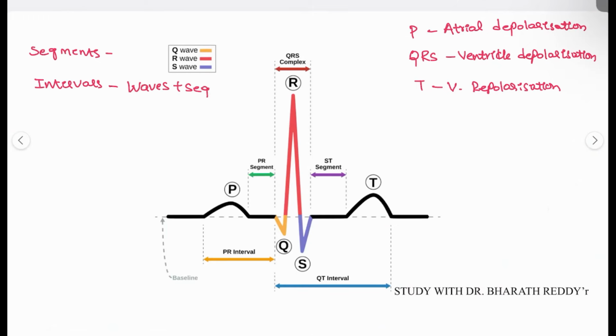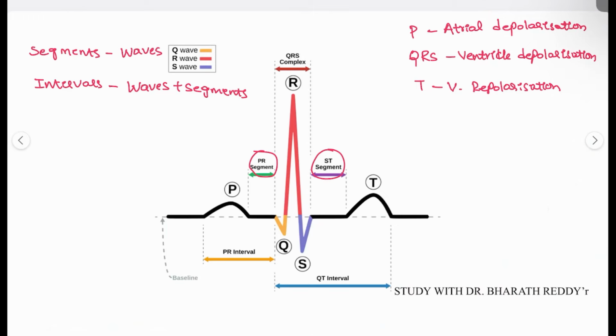Waves plus segments is your interval. Here you can see what the segments are, guys. The segments are your PR segment and the ST segment. These are the only two segments that will be present in the entire ECG. They do not include the waves.